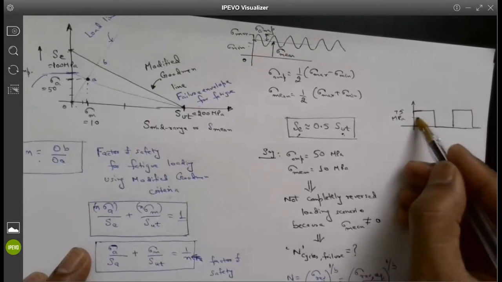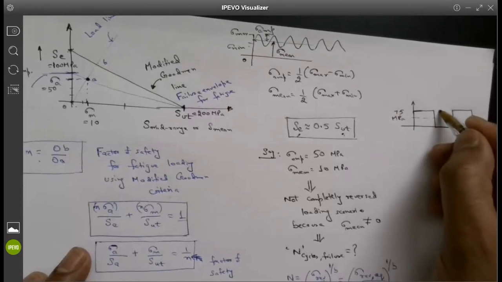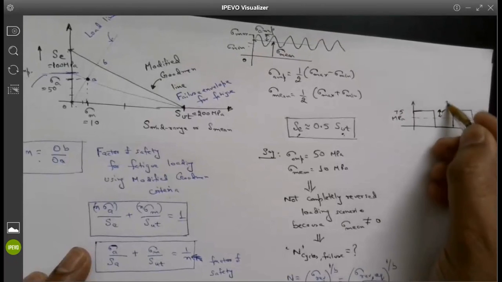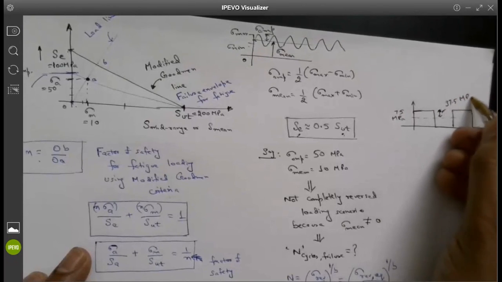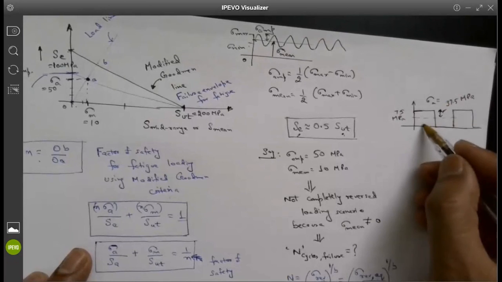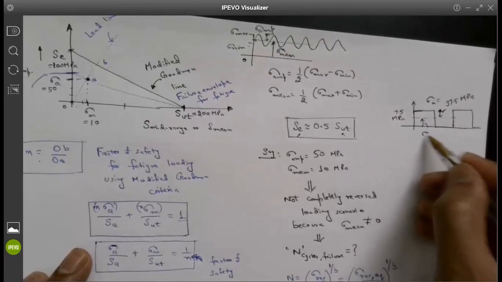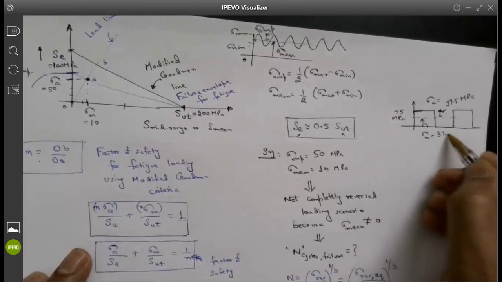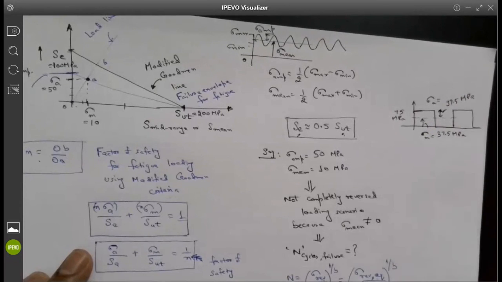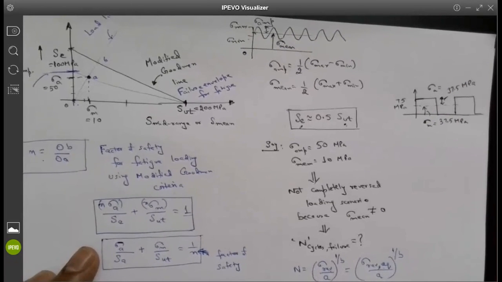Somebody just told me that the amplitude of the stress from the mean component is 37.5 megapascals. That is sigma a. What will be the mean component? It would be the same. It will be 37.5. Same thing. Yes. Tricky.